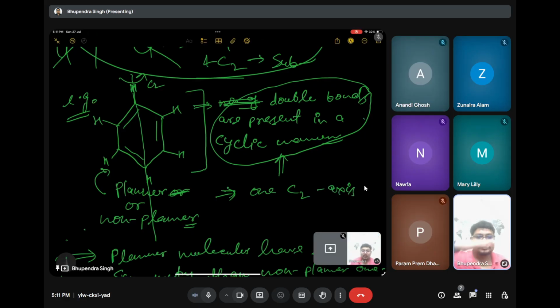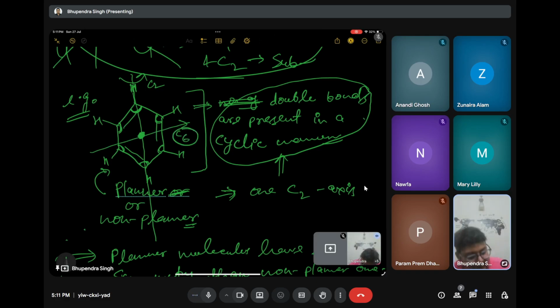Okay. Now this is a planar molecule. If you draw an axis passing through this point, perpendicular to the ring, and you rotate the molecule around this axis, I would say this axis is C6.